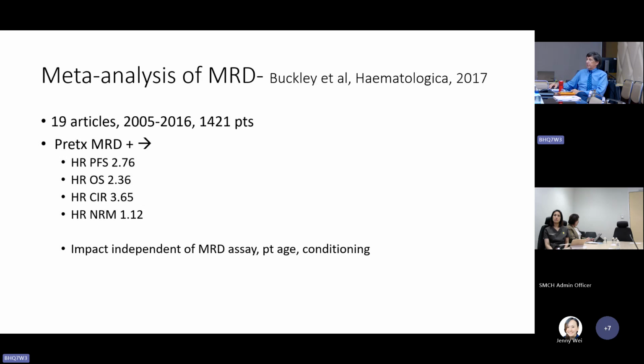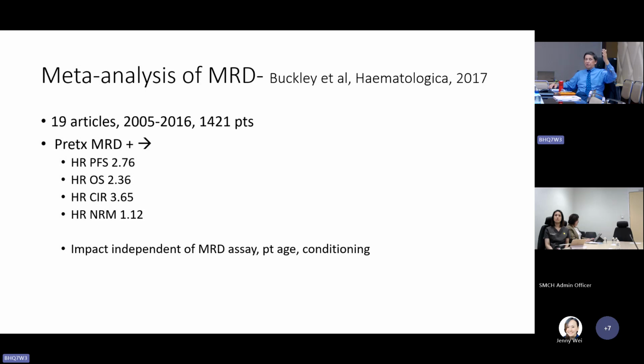There was a meta-analysis of MRD that was looked at, this is now 2017. They went through 19 different articles covering almost 1,500 patients, looking at whatever the tool was.